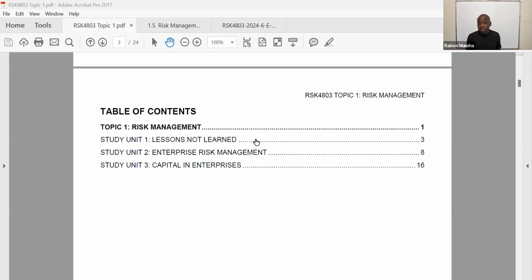So just because an organization has suffered large losses does not necessarily mean that we automatically blame the risk management function of the organization. So when can we comfortably say, after we've identified 1, 2, 3, 4, that the risk management function has failed? And that's what we're going to be looking at as well.